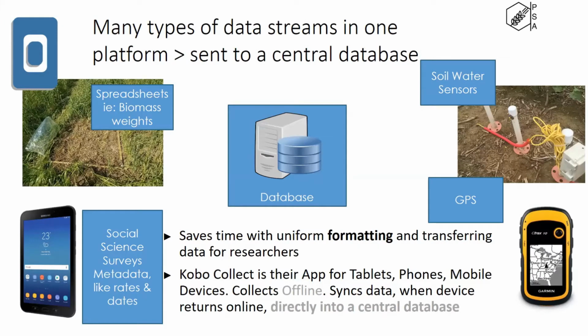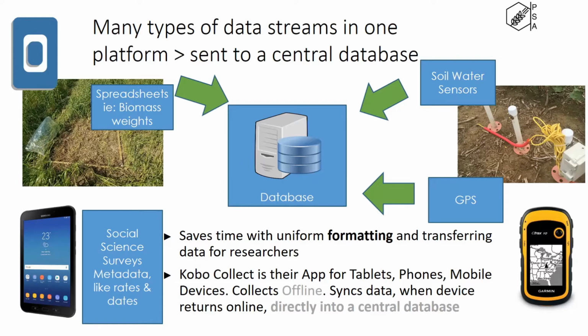Kobo is powerful for the PSA network because it combines many types of data streams in one platform. Kobo acts as a traditional spreadsheet where you might collect data such as biomass. It can be a GPS unit. It has an integrated barcode scanner for faster data entry. It links our soil water sensors to our farms on our dashboard by scanning the serial numbers.